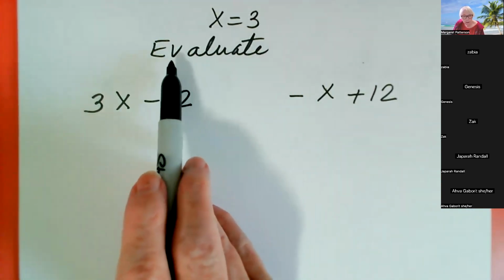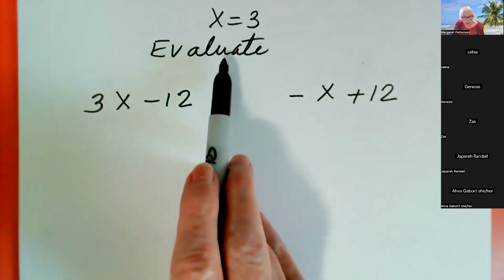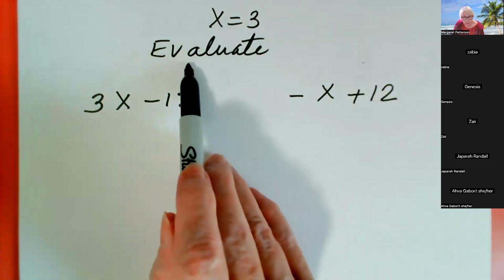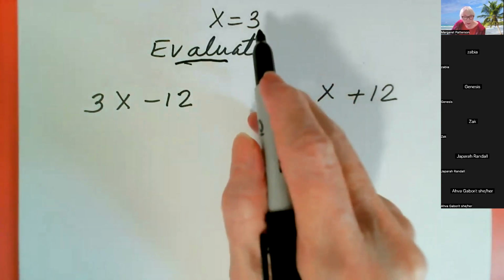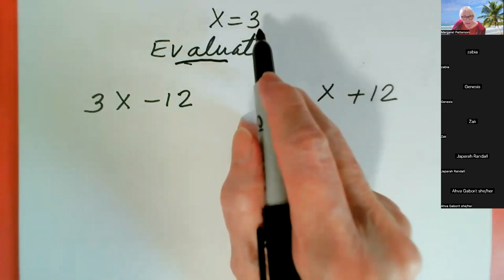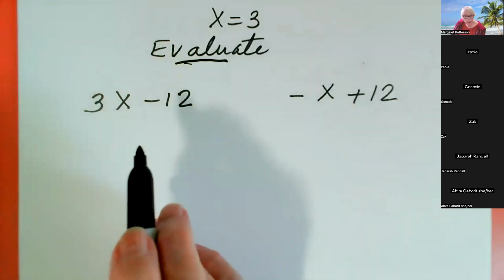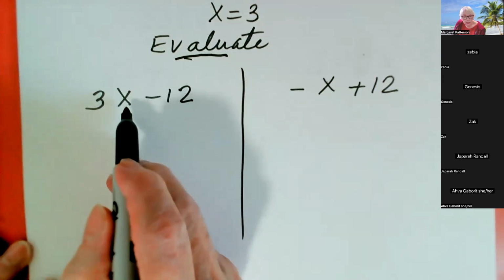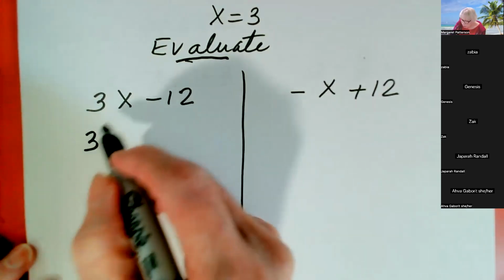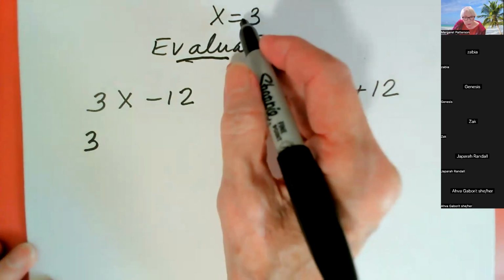This type of problem, they usually use the word evaluate, which really is to find the value. See the word value in there? And so they're telling you the missing number X is 3. And so these are 2 separate problems, by the way. So this one here, what you do is the minute you see X, this number drops in.